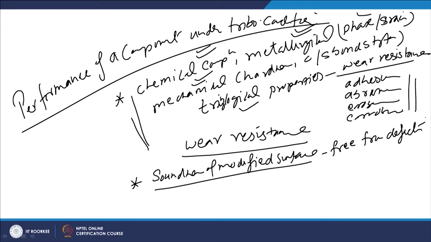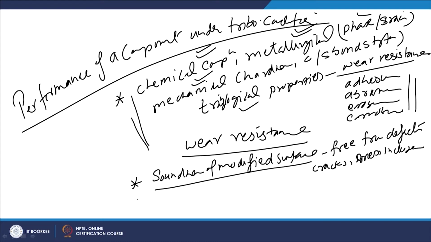We know that whether it is laser hardening or induction hardening, carburizing, nitriding, or flame spraying, weld surfacing, the different categories of surface modification techniques will be prone to have defects, maybe in the form of cracks, pores, inclusions, as per the nature of the process which is being used for surface modification of the component.